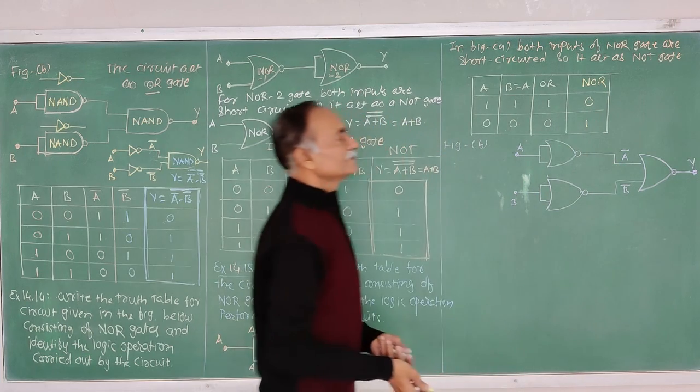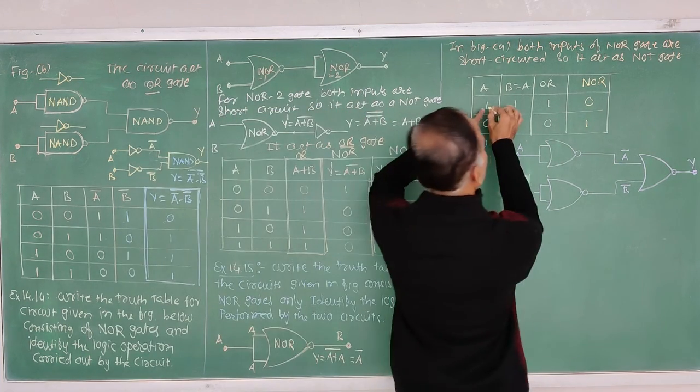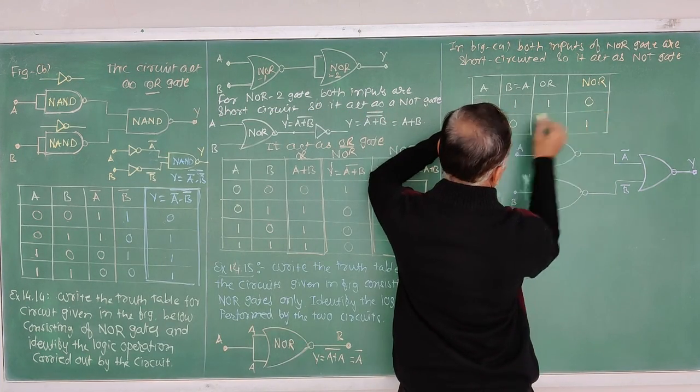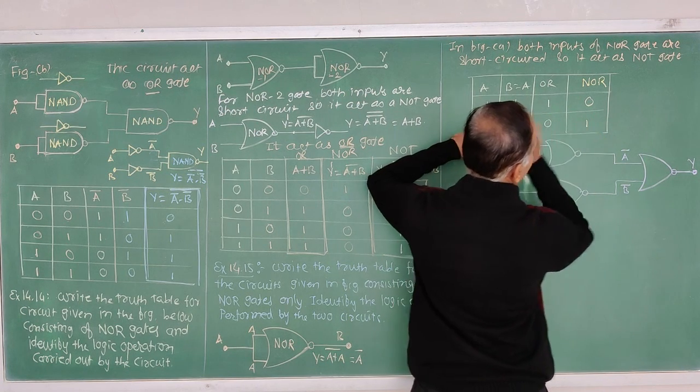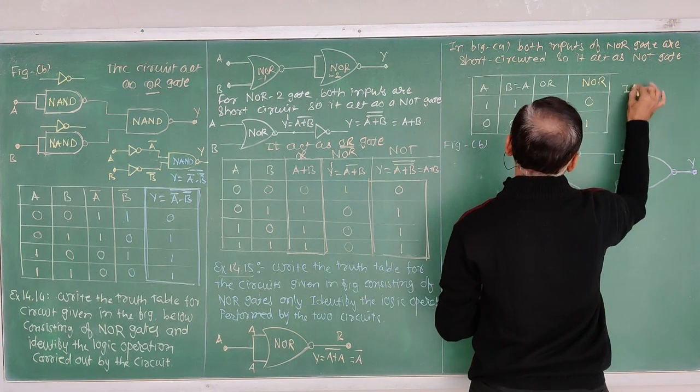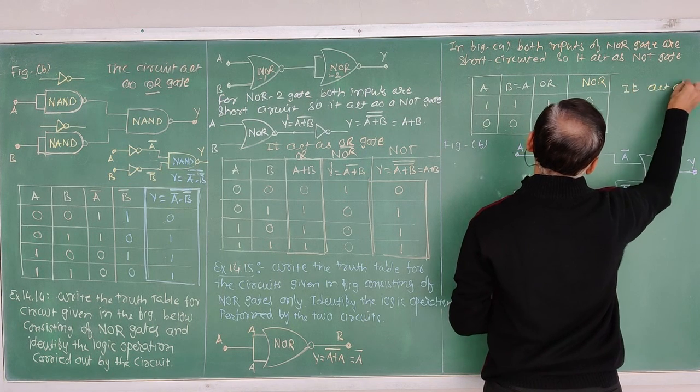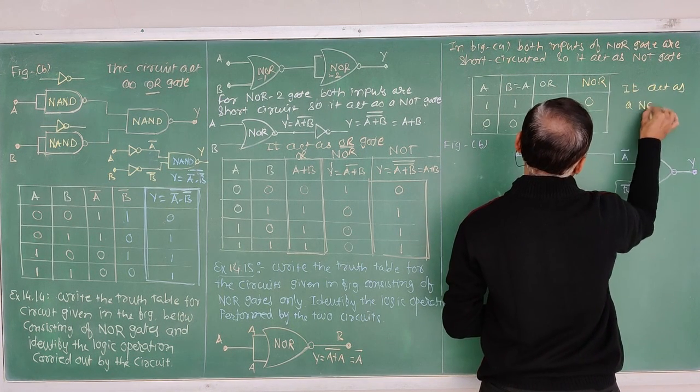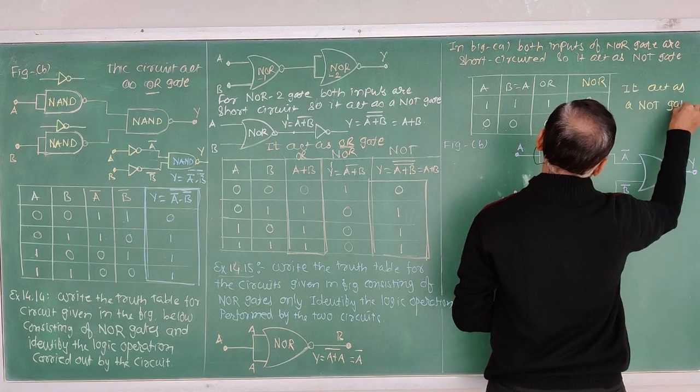Otherwise 0. So here original input for A is 1, output is 0. That means the inverse. So it acts as a NOT gate.